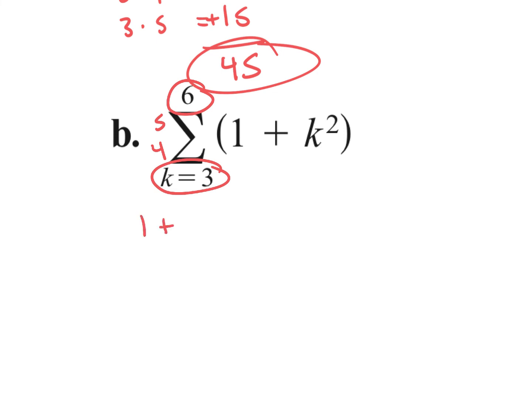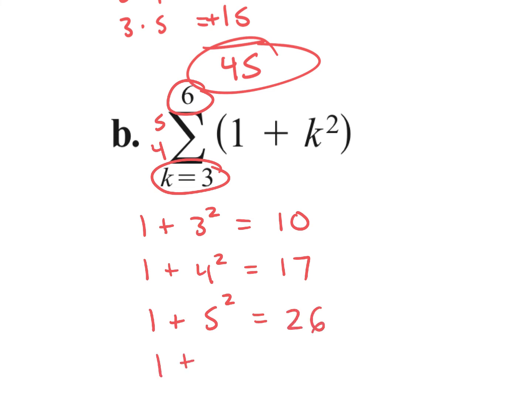I have 1 plus 3 squared, which is 10. Then I have 1 plus 4 squared, which is 17. 1 plus 5 squared, 26. And 1 plus 6 squared, 37.